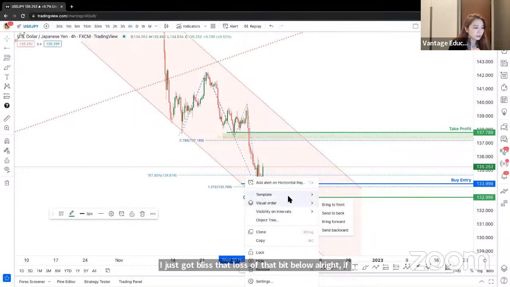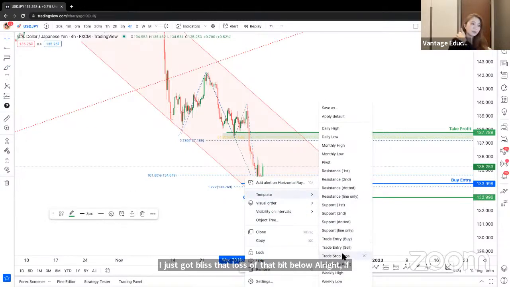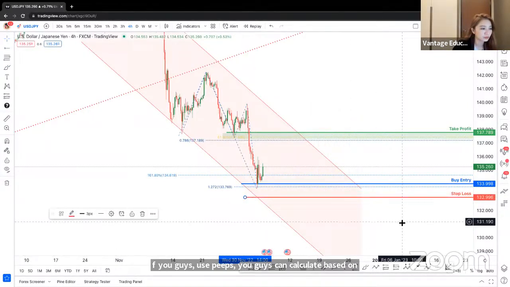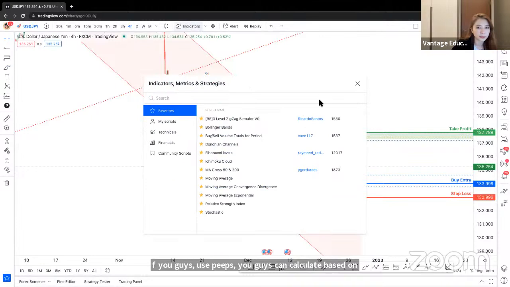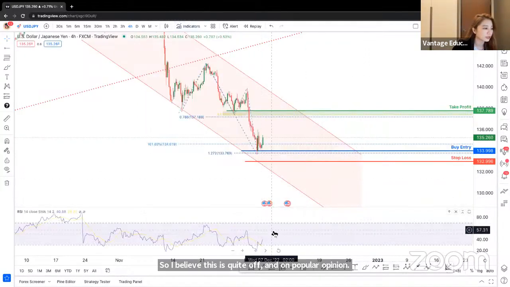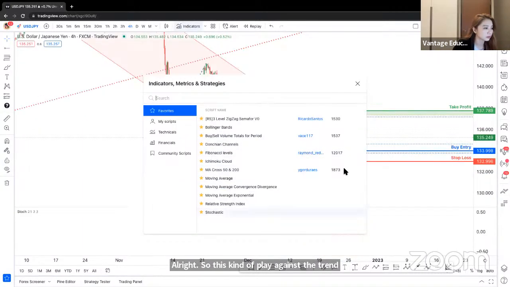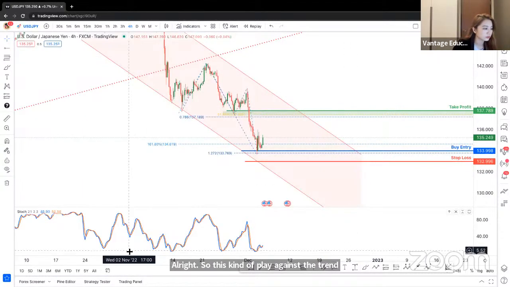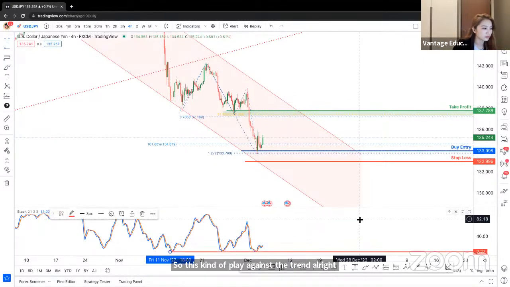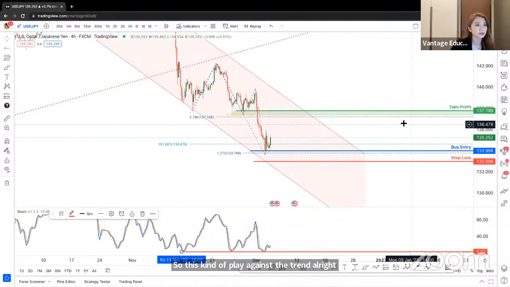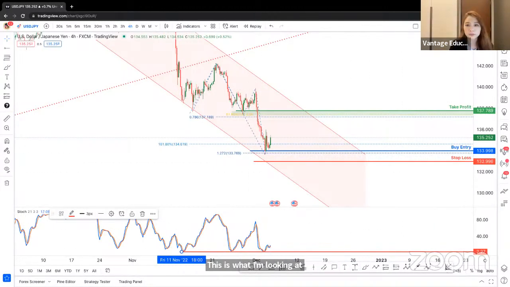If you guys use pips, you guys can calculate based on pips or percentages. So I believe this is quite an unpopular opinion. This is kind of playing against the trend. This is what I'm looking at for dollar yen.